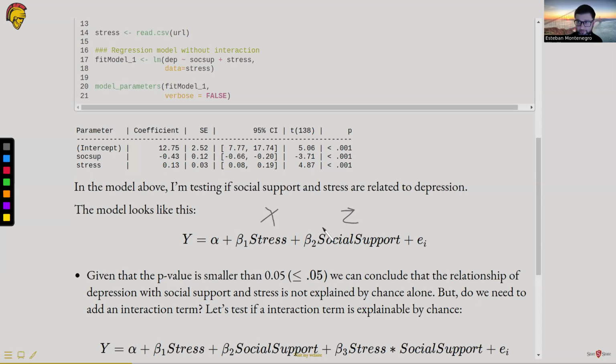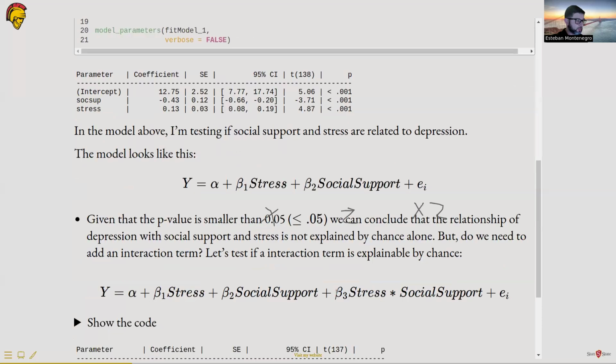So I believe that there is an interaction between x and z. In this case, I have evidence, and let's imagine that I have evidence for that from previous research projects, that it is possible to think that stress and social support are actually interacting.